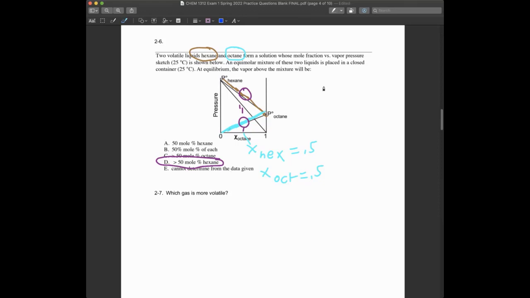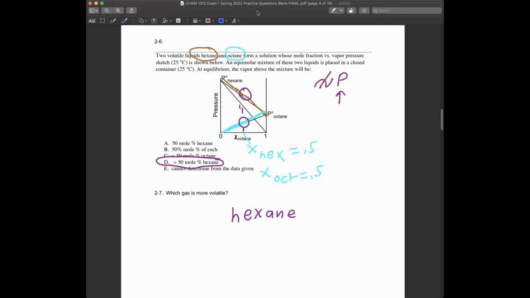This is because, if you remember Raoult's law, hexane will contribute more to the pressure of the total solution. So which is more volatile? We can say hexane is more volatile because the line is higher.